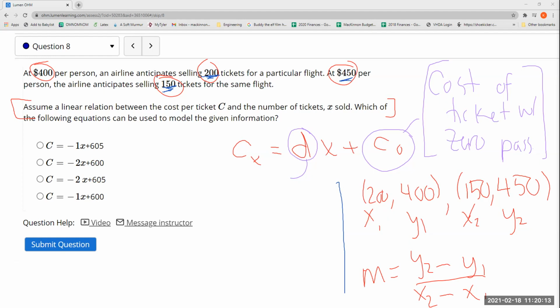So the way I see it is, all right, there's a 50 ticket difference sold at a negative 50 delta. So what that basically means is every 50 tickets I sell, I've lost $50 in the price.